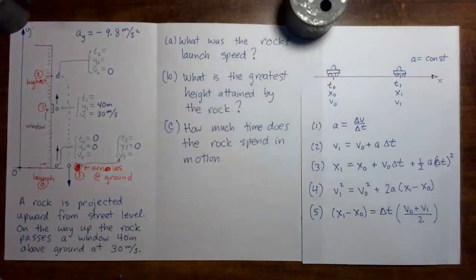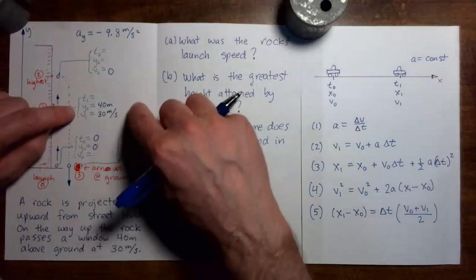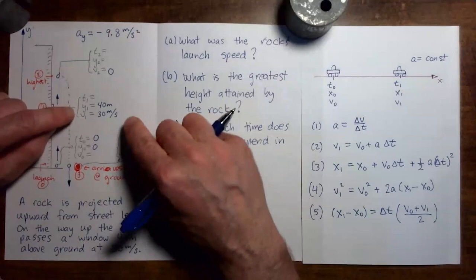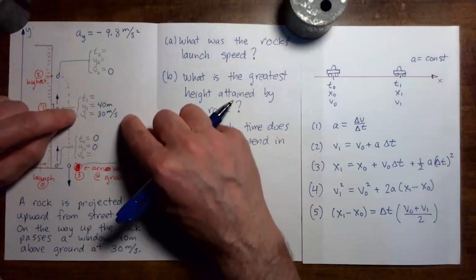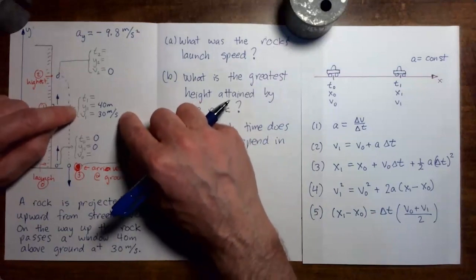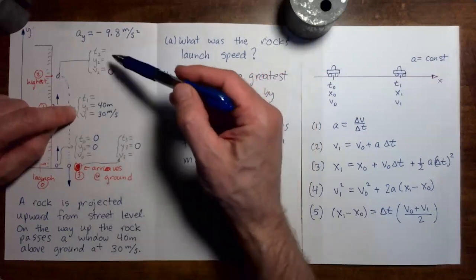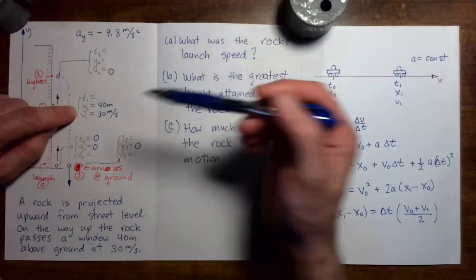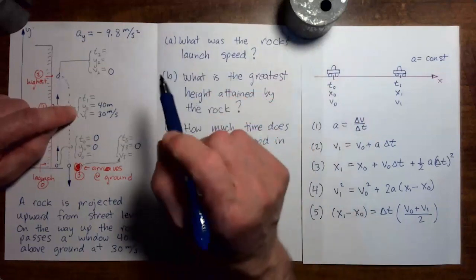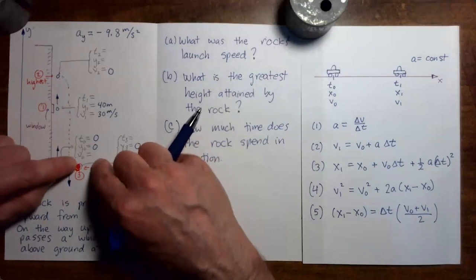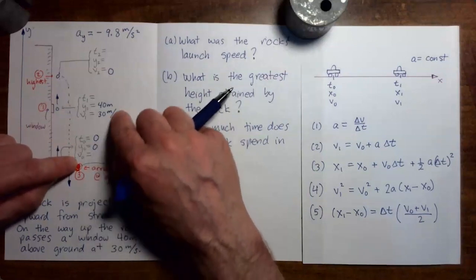Here's how I think of this. If I look at the other moments here, moments 1, 2, and 3, the moment that we have the most other information about is moment 1, right? In moment 1, we know 2 of those 3 kinematic variables. In moments 2 and 3, we only have 1 each. So we are probably going to be able to solve for V0 the easiest by connecting moment 0 to moment 1.